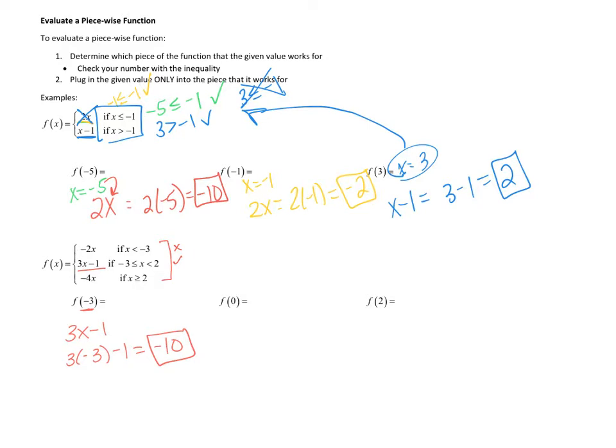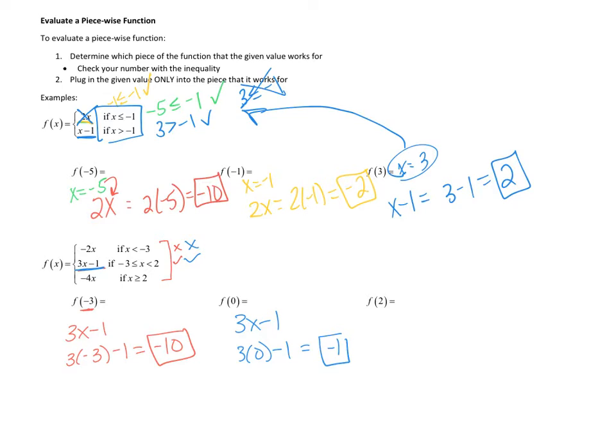Perfect. Let's look at the next one. 0. So is 0 less than -3? No. Is 0 between -3 and 2? Yes, it is. So I'm going to use this second one, 3x minus 1. So 3 times 0 minus 1. So I get -1. Right?